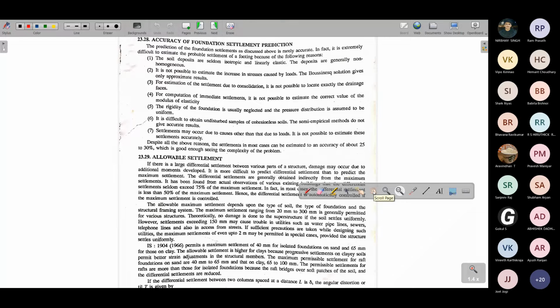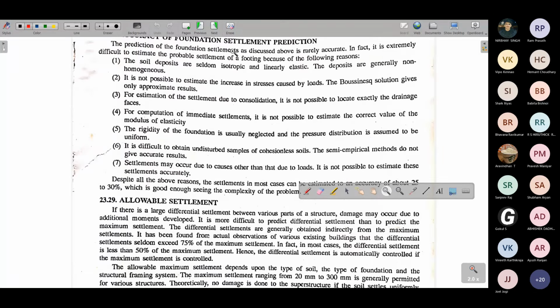In fact, it is extremely difficult to estimate the probable settlement of a footing because of the following reasons. First, the soil deposits are seldom isotropic and linear elastic. The deposits are generally non-homogeneous. We consider soil as isotropic, but that is not the case. It is not possible to estimate the increase in stress by the load.